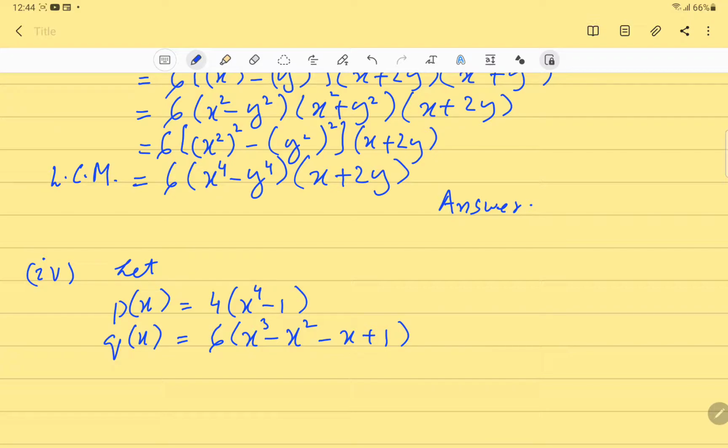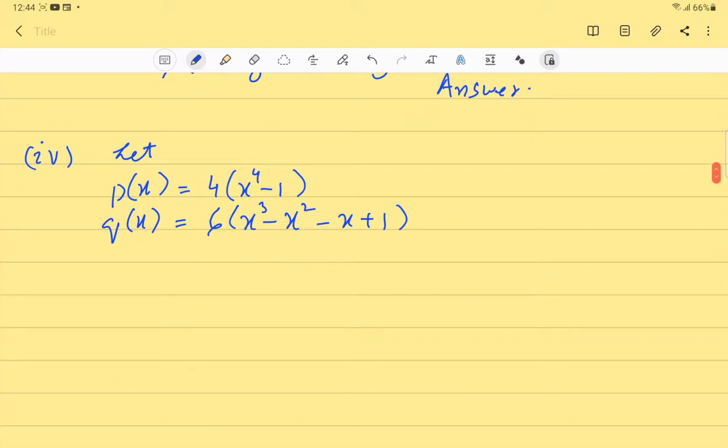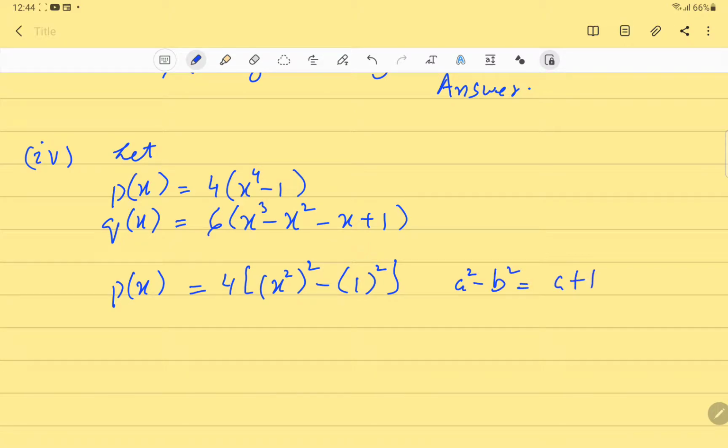Now we will factorize the first one first. In the bracket we have both complete squares, so we can write them like that, and we can factorize this with the help of the formula a squared minus b squared is equal to a plus b into a minus b.